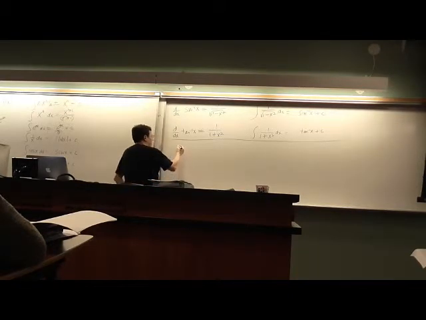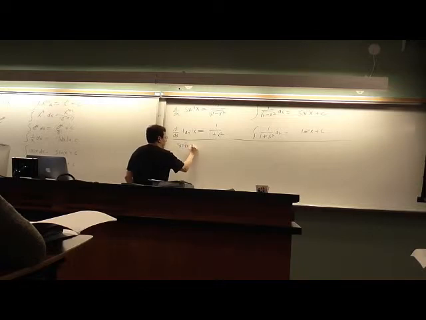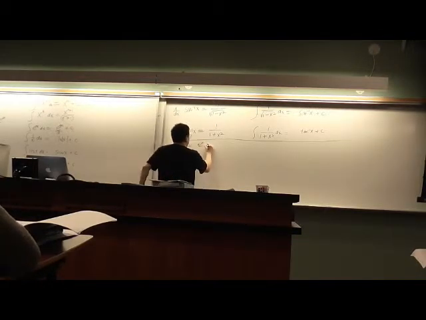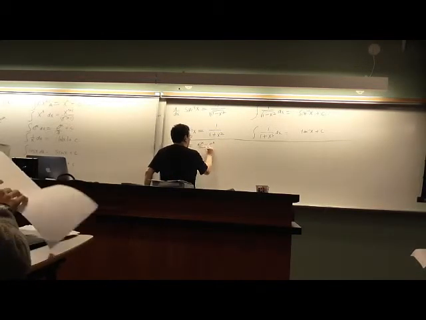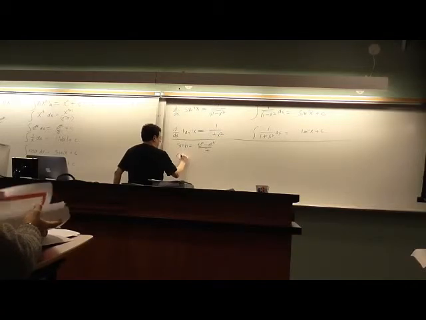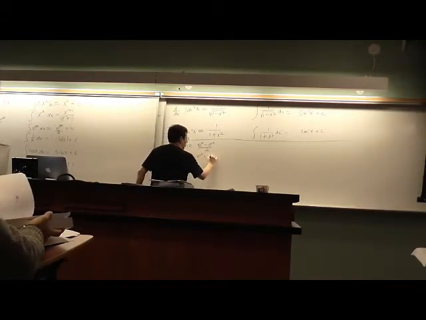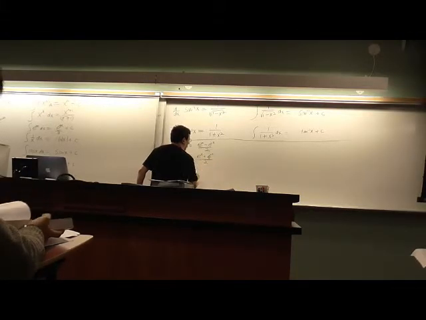And they're defined, hyperbolic sine is e to the x minus e to the minus x over 2. Hyperbolic cosine is e to the x plus e to the minus x over 2.